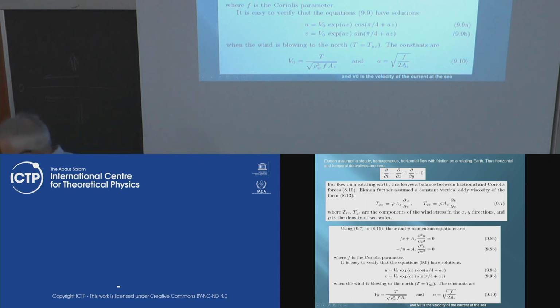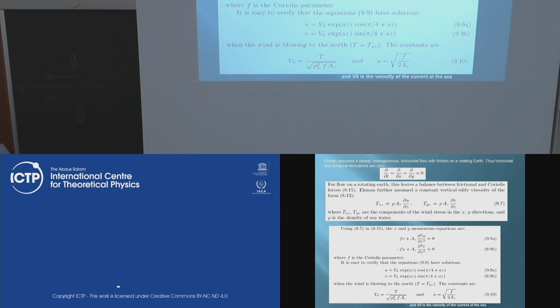Okay. So now we'll be talking about this second stationary solution of the equations of motion. The first, as you may remember, was the geostrophic flow. Here we are looking at the steady homogeneous horizontal flow with friction on a rotating Earth.